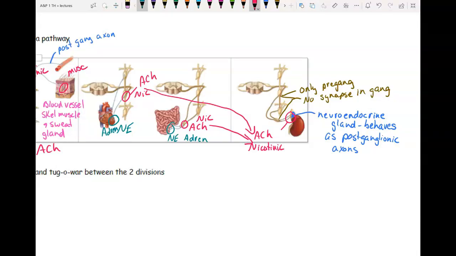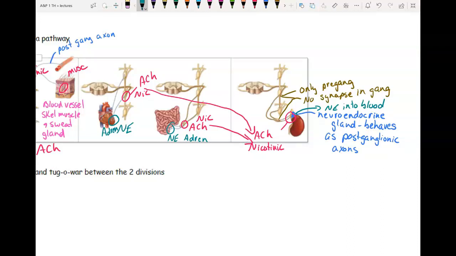Then you're going to get norepinephrine coming from the gland into the blood. So over here, in the intestine and the heart, you have the postganglionic axon secreting norepinephrine onto the effector. Here with the adrenal medulla, the gland secretes norepinephrine into the blood.